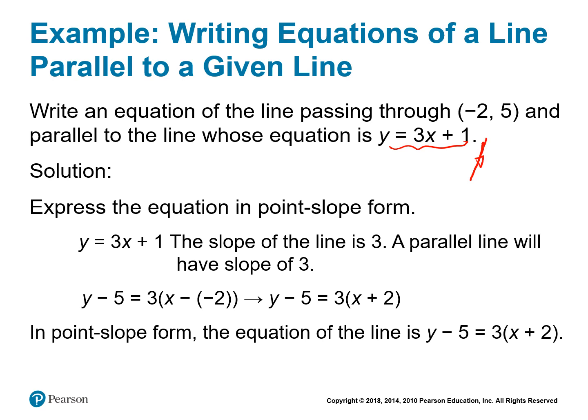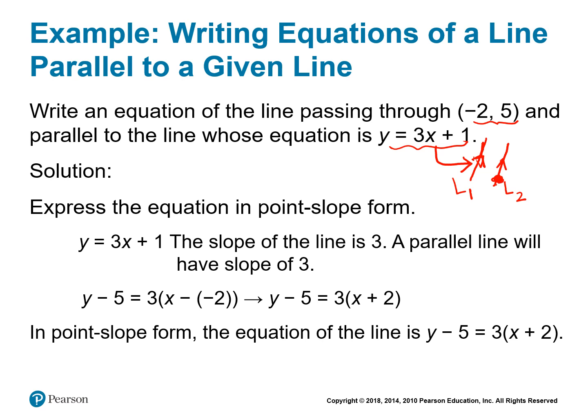I'm not able to draw too well, but let's say this is line 1. And then there is a line parallel to line 1, and we'll call that line 2. Now this equation that they have given us is for line 1. And the point that they have given us here, this point -2, 5, is a point on line 2.